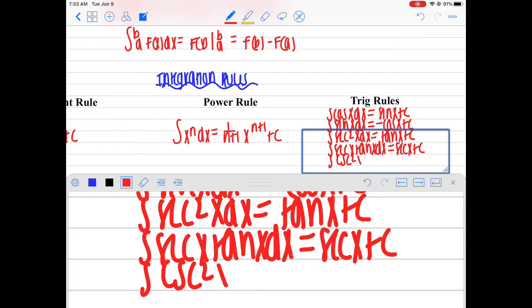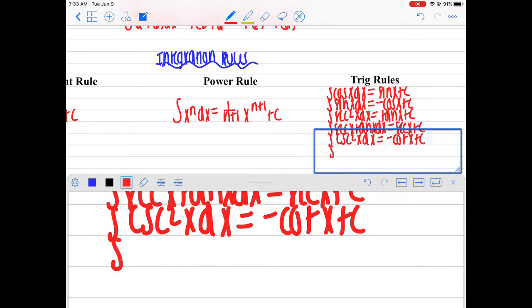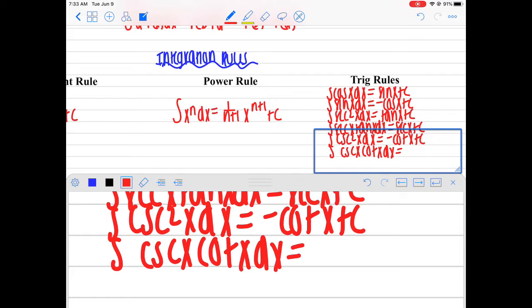The integral of cosecant squared x dx is equal to negative cotangent x plus c. And finally, the integral of cosecant x cotangent x dx is equal to negative cosecant x plus c.